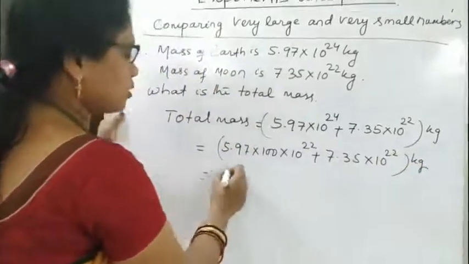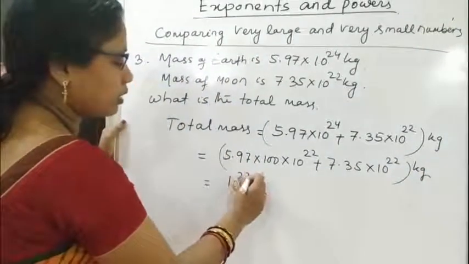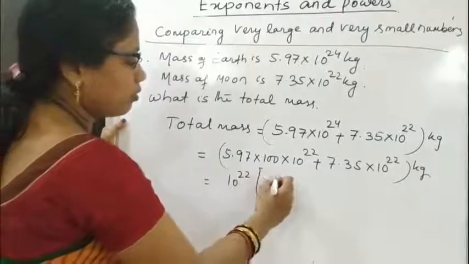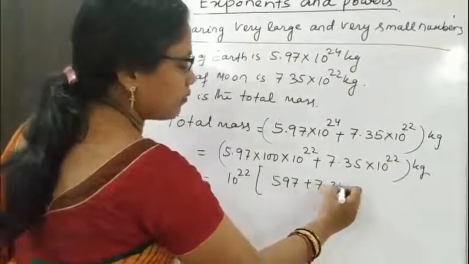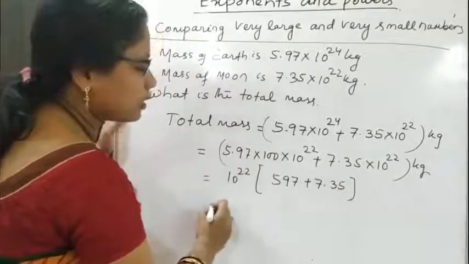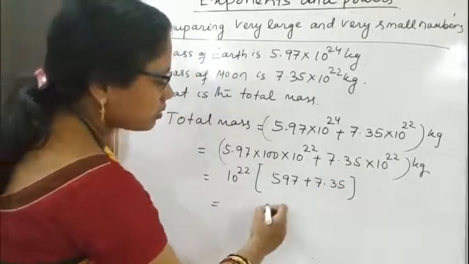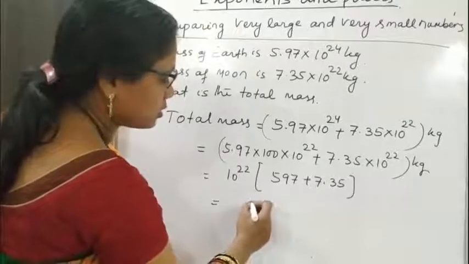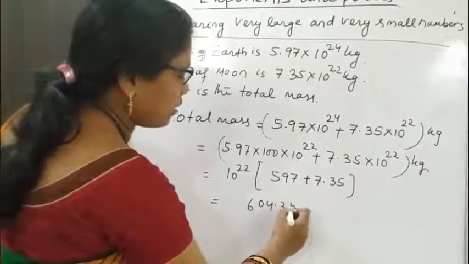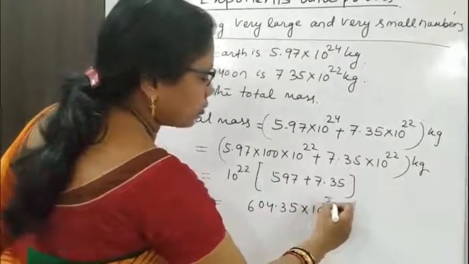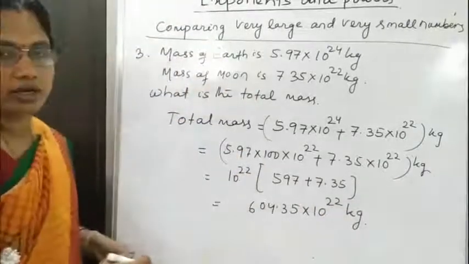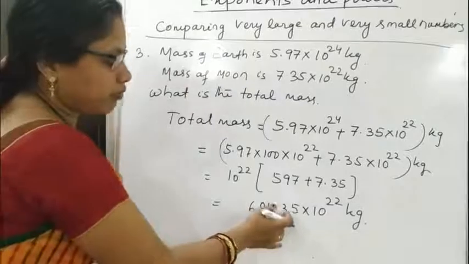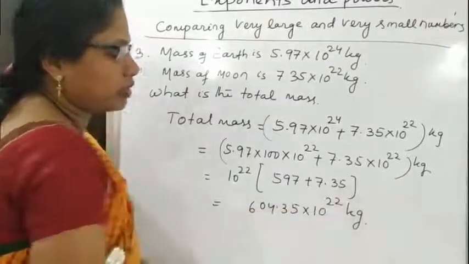So this is equal to 10 to the power 22 whole into 597 plus 7.35. So this is equal to 604.35 multiplied with 10 to the power 22 kg. The total mass of Earth and Moon is 604.35 into 10 to the power 22 kg.